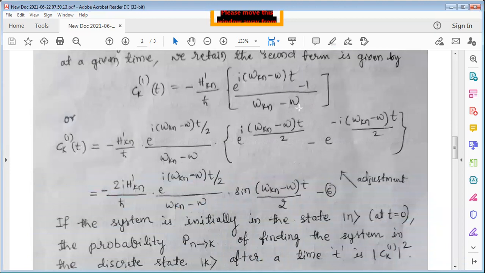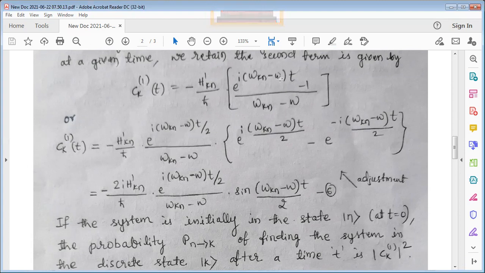So this is the second term of the above equation, the induced absorption term. I have written it as it is. The second term is adjusted in such a way that you see here e raised to i times (omega kn minus omega) times t divided by 2, minus this term. This term is added and subtracted here, and when you multiply this term with this bracket, we should again get the same thing.